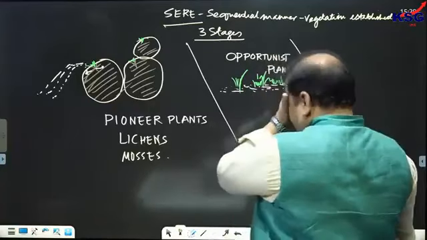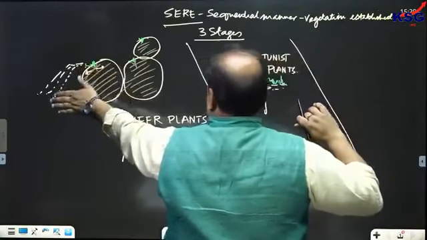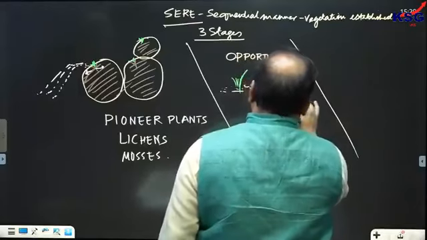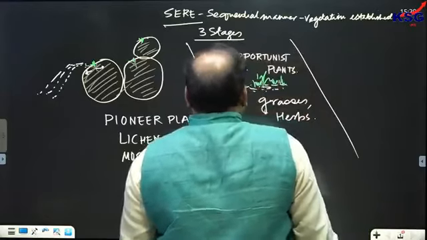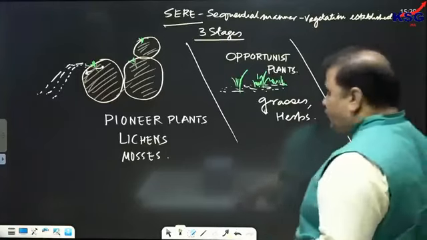When we are talking about opportunist plants, here the broadening of fissures has taken place and soil formation is done. Now after soil formation, the grasses and herbs can be noticed. Write down, after the formation of soil, small vegetation like grasses and herbs would be growing in this area.